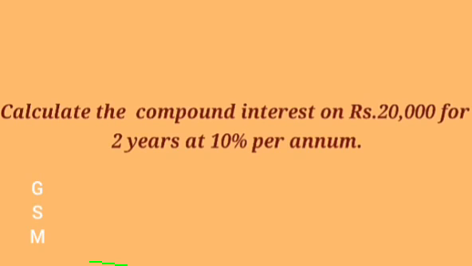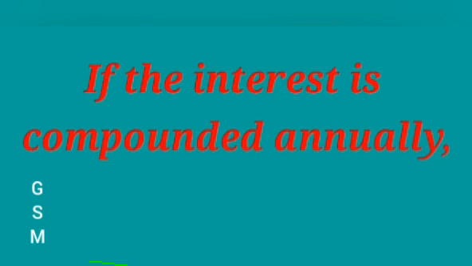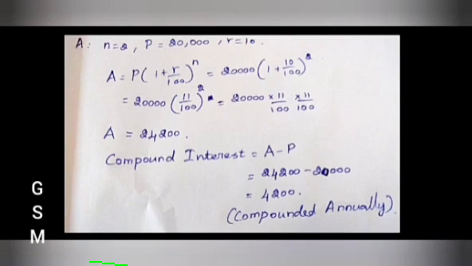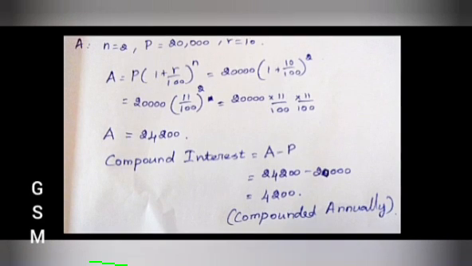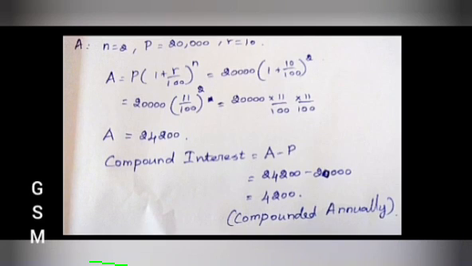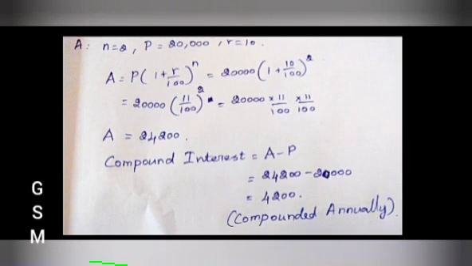Now we are going to calculate the compound interest on 20,000 for 2 years at 10% per annum. First, we are going to find the compound interest if the interest is compounded annually. The principal amount is 20,000, the rate of interest is 10% per annum, and the number of years is 2. Before calculating the compound interest, we have to find the total amount.